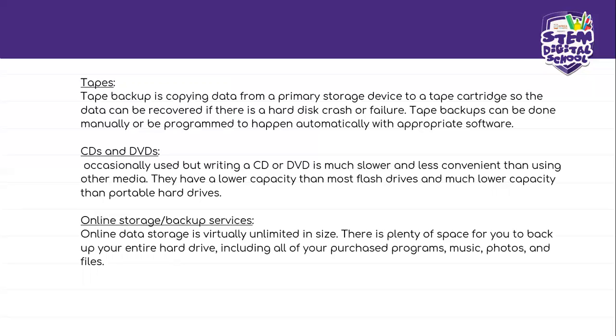So this one is used for copying data from a primary storage device to a tape cartridge so the data can be recovered if there's a hard drive crash or failure. These tape backups can be done manually or be programmed to happen automatically with appropriate software.